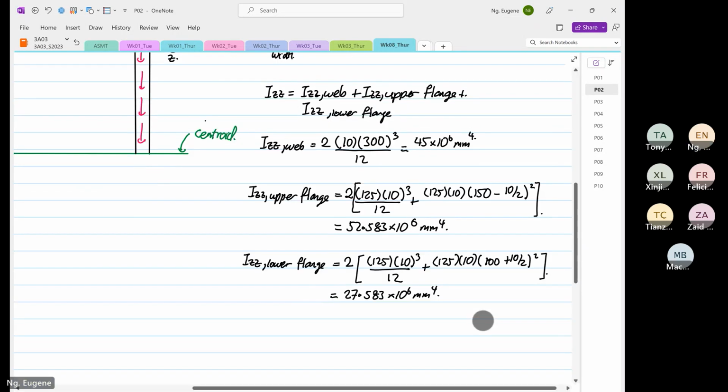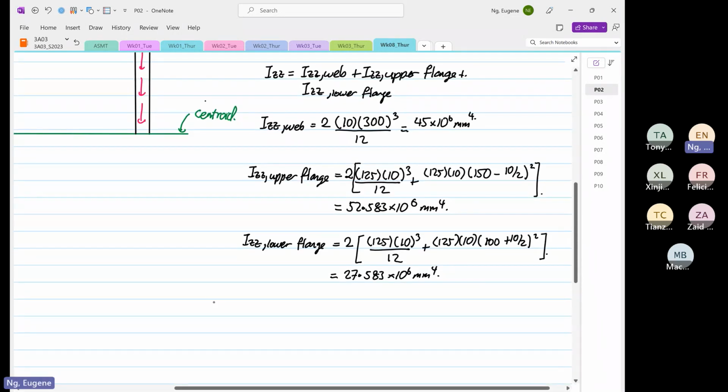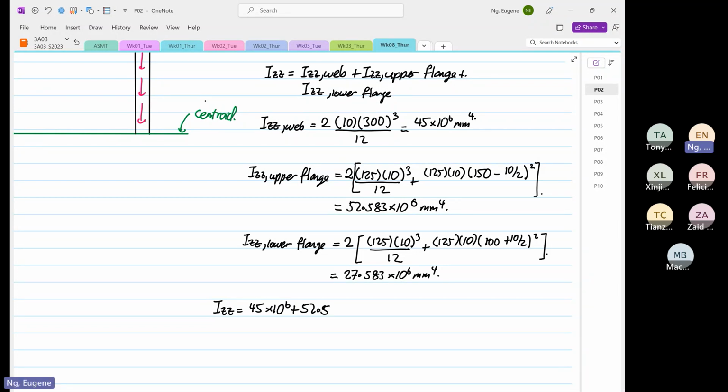Yep. So in total, IZZ will be equal to 45 times 10 to the power 6 plus by 52.583 times 10 to the power 6 plus by 27.583 times 10 to the power 6.